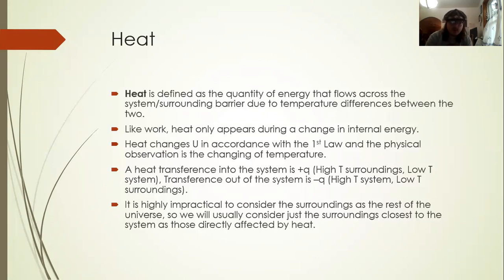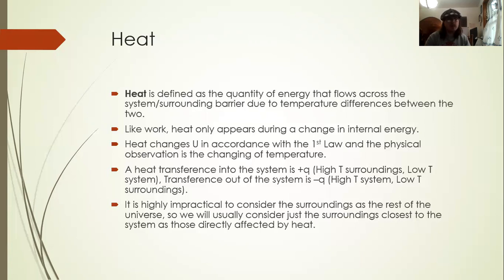Now we can consider the surroundings as the rest of the universe, but that's not always very useful. So oftentimes we're just going to consider the surroundings as the area closest to the system. We're not going to look at every little bit out there. I could probably just say the heat in the area around my house.